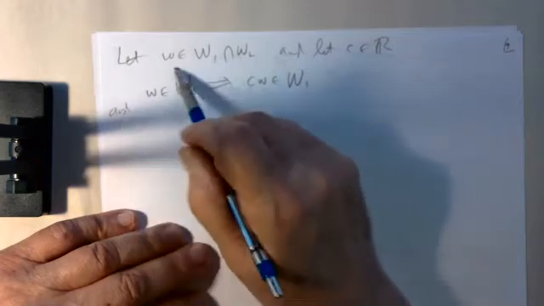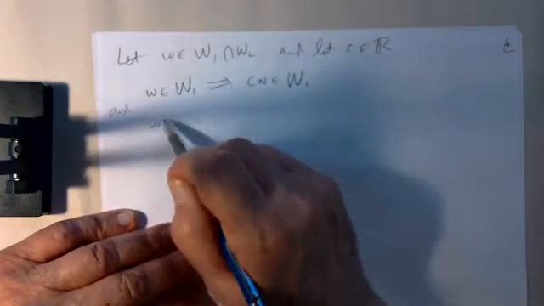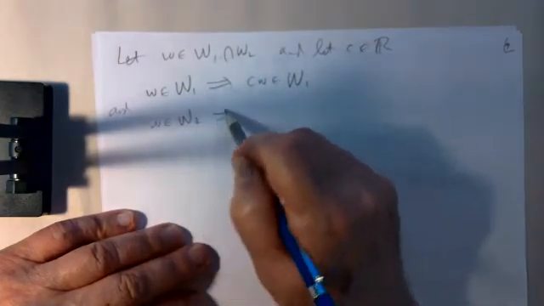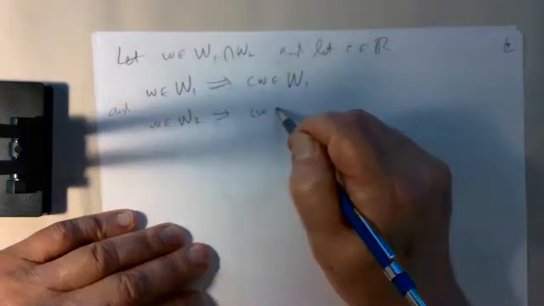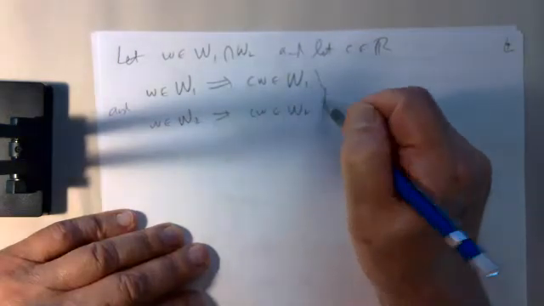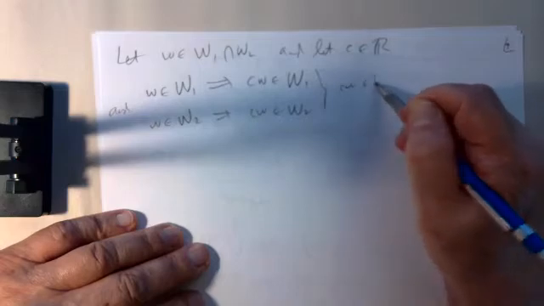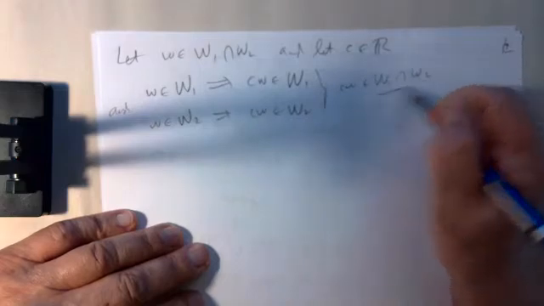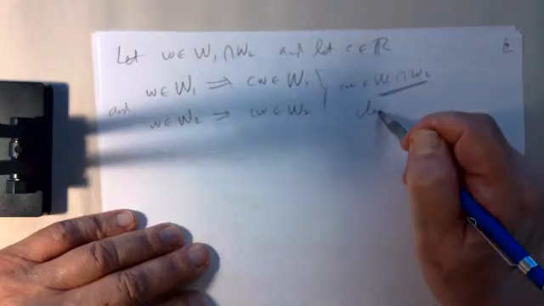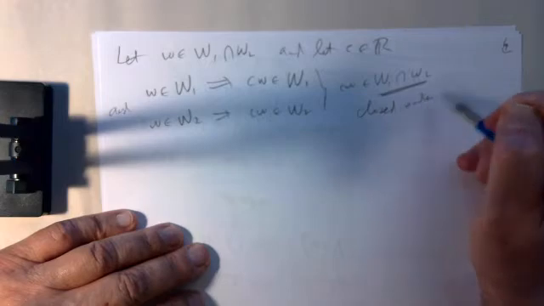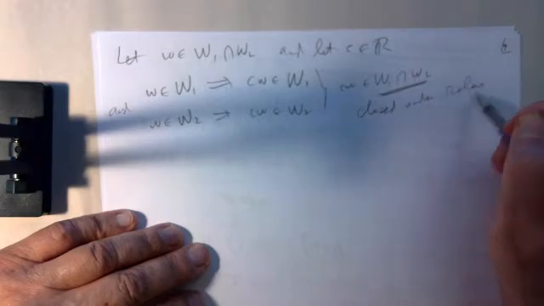And if W is in the intersection, W is also in W2, which means C times W is also in W2. So CW is in both of these. So CW is in the intersection. That means the set is closed under scalar multiplication.